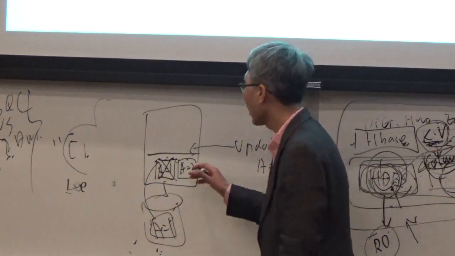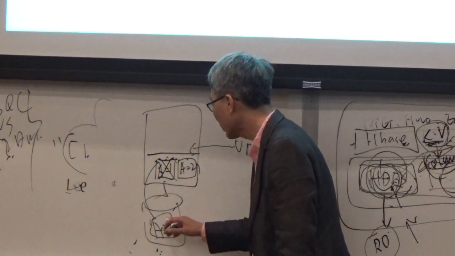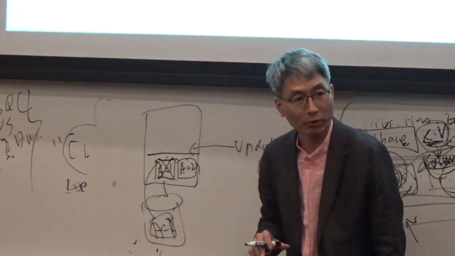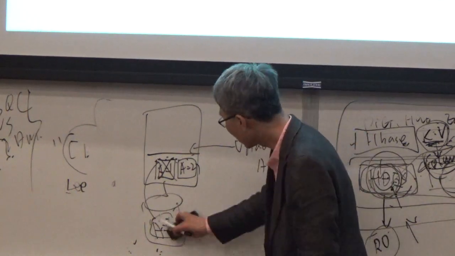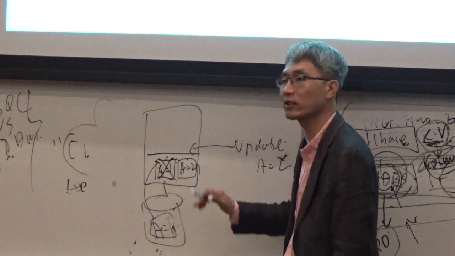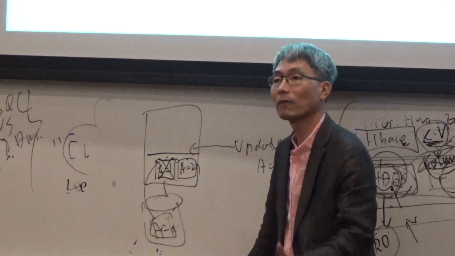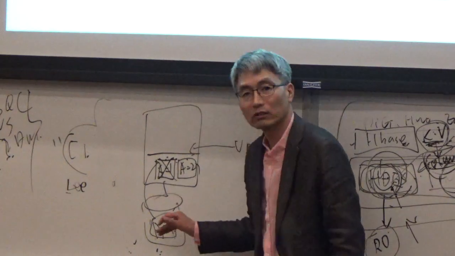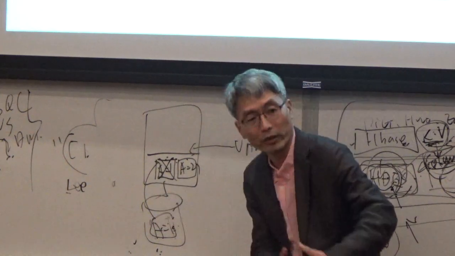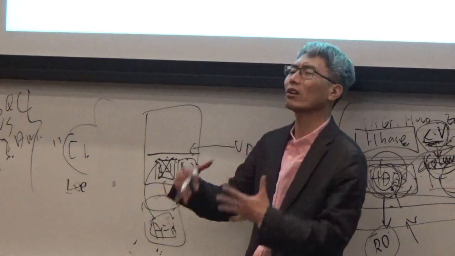However, commit does not mean we update the storage. Still 1 here and 2 in memory. Why? For efficiency. If we update the storage right away, it will take time.